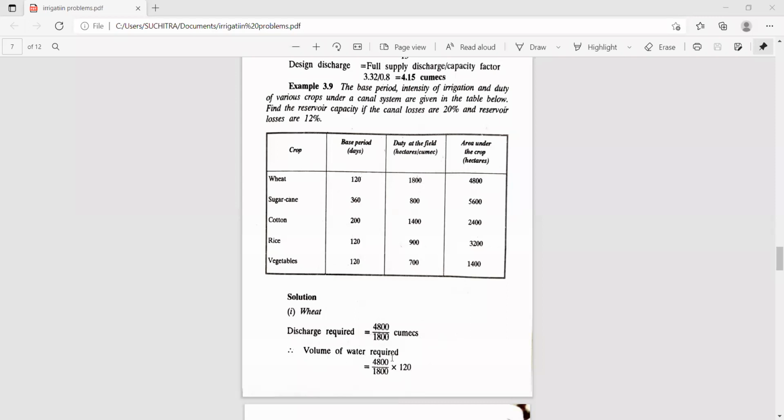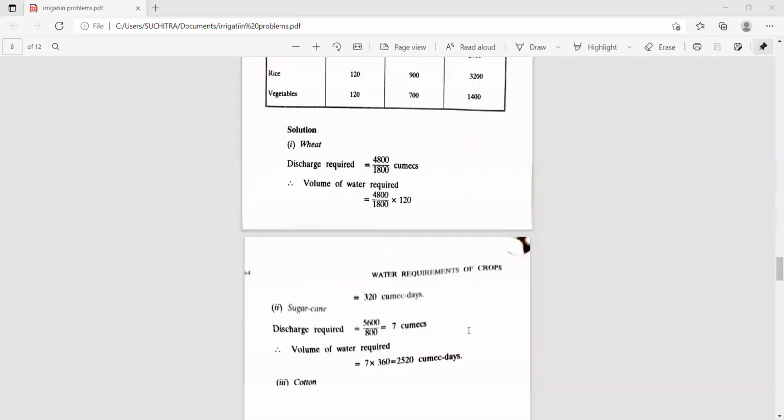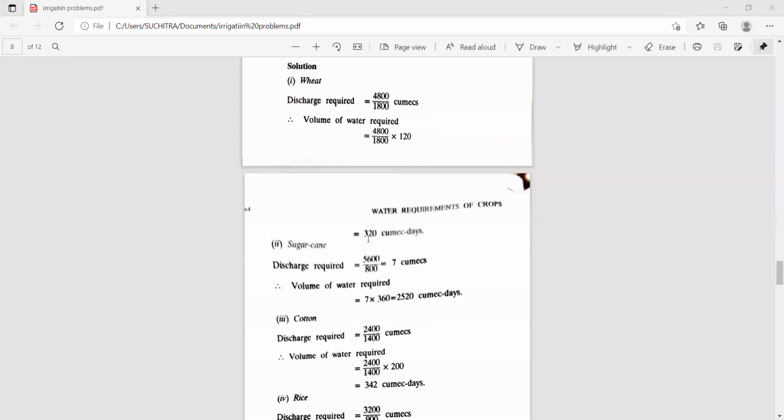The volume of water required is the discharge multiplied by the base period, which is in days, so you get the volume of water for each crop. For wheat, it is 4,800 divided by 1,800 multiplied by the base period. Discharge is in cumecs, and when you multiply it by the base period, it becomes about 320 cumec-days.